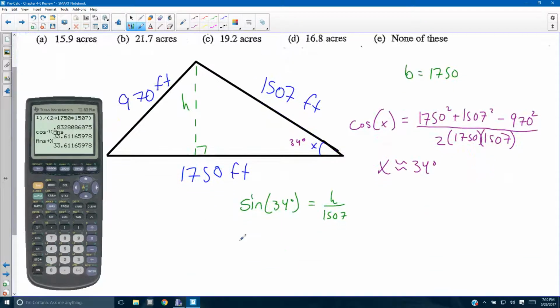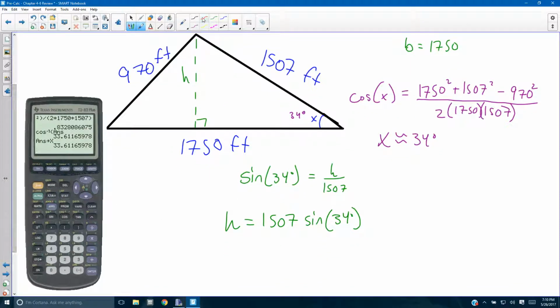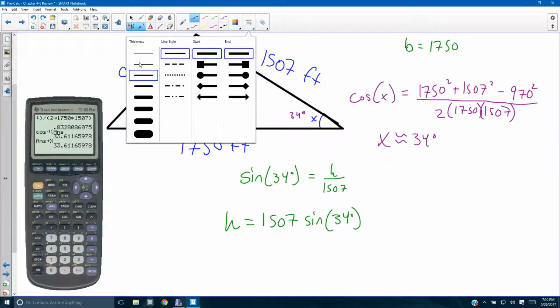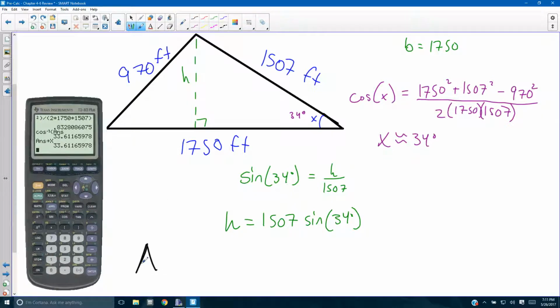So h is 1507 times sine of 34. Remember, it's not really 34. My area for this entire thing in square feet will be 1/2 base times height.